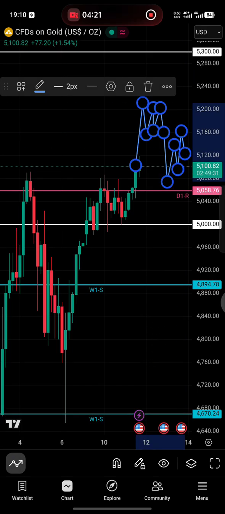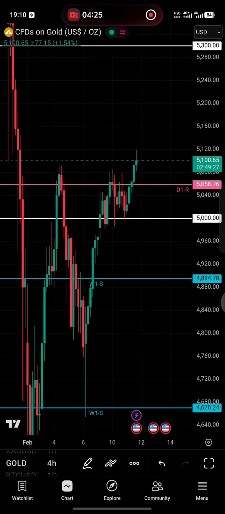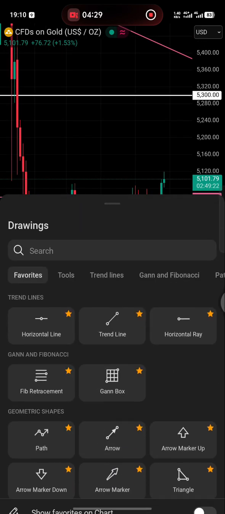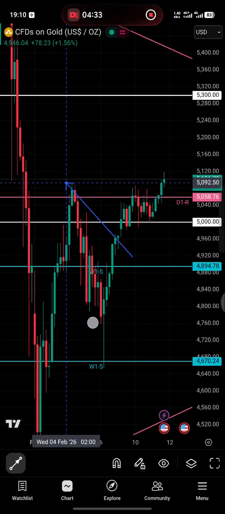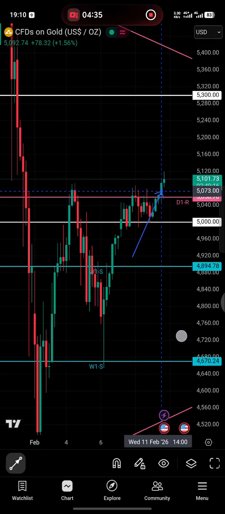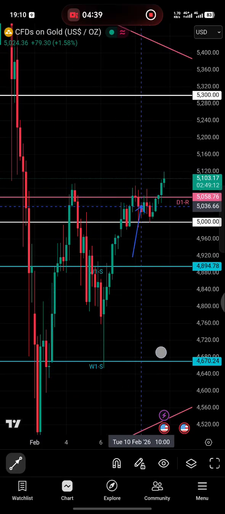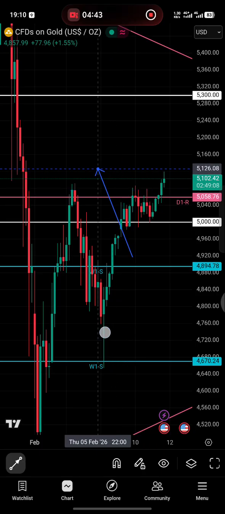Which means right now we need to focus on what the market is going to do, right? So in the current situation of the market, there is no resistance over here, there is no resistance over here, right? Because the 4-hour candle has already broken this resistance, which means this resistance is not in use right now. So we need to look at where the next resistance is.